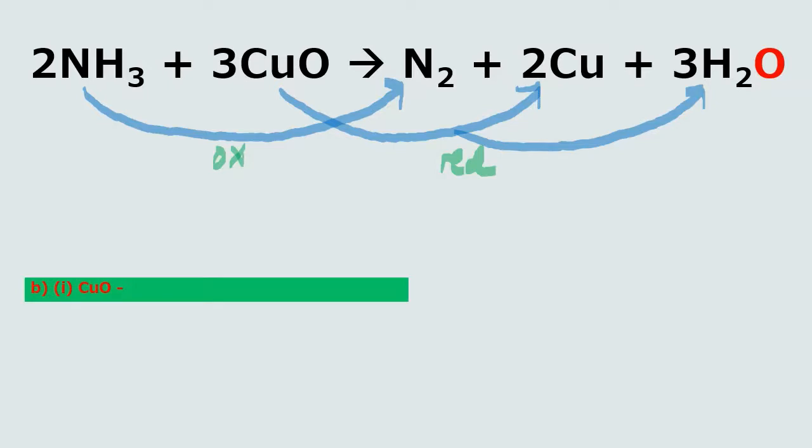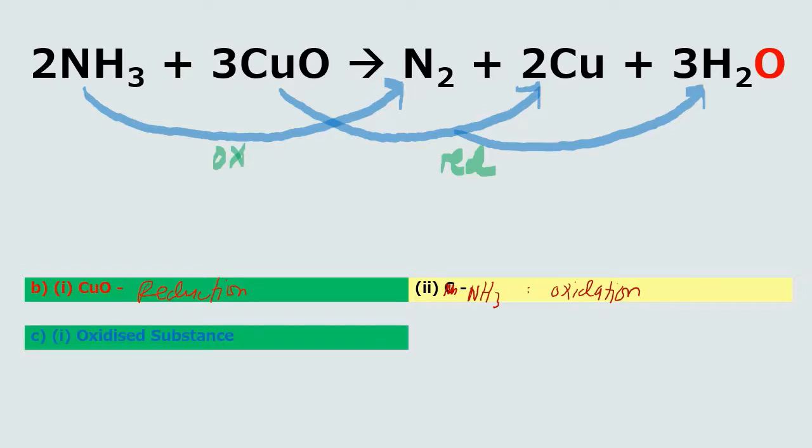Therefore, copper oxide undergoes reduction, while ammonia undergoes oxidation. Which substance is oxidized?